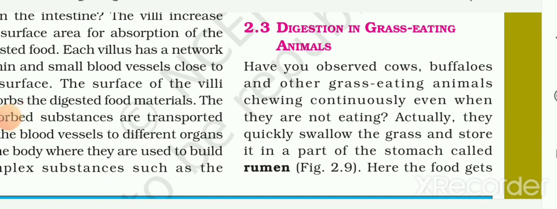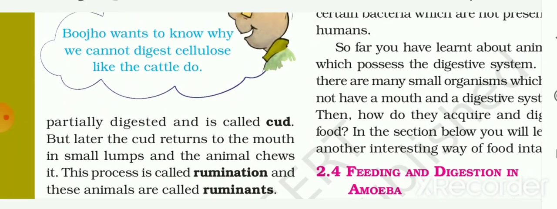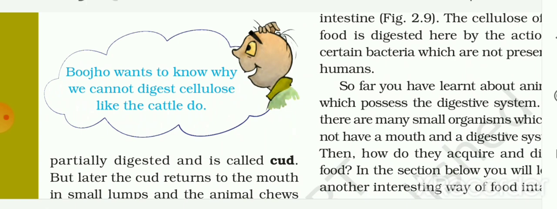So now we will see digestion in grass-eating animals. Have you ever observed cows, buffaloes and other grass-eating animals chewing continuously even when they are not eating? Actually, they quickly swallow the grass and store it in a part of the stomach called the rumen, and here the food gets partially digested, and it is called cud.